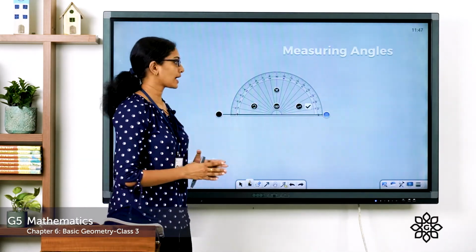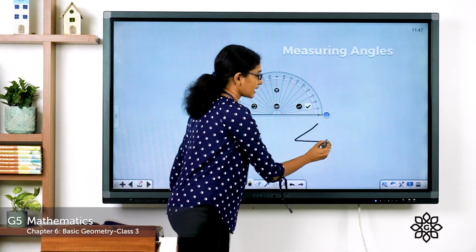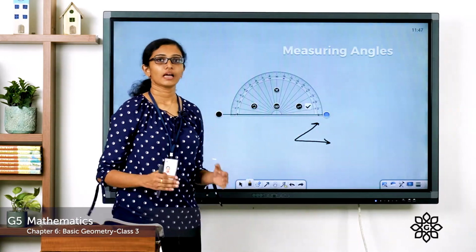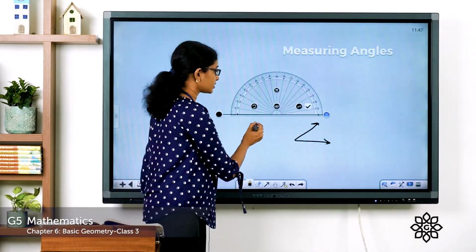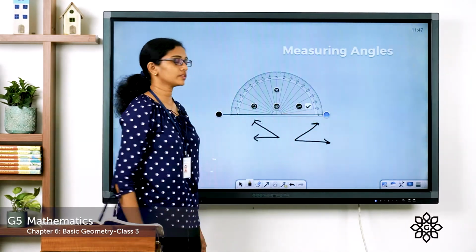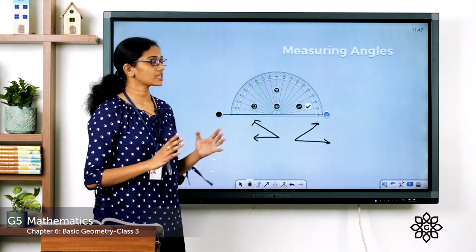Generally, to measure angles which are pointed towards the right like this, we use the inner scale of the protractor. And for angles which are pointed towards the left, we usually use the outer scale. Now keep these things in your mind.